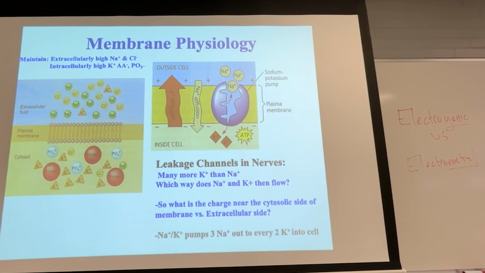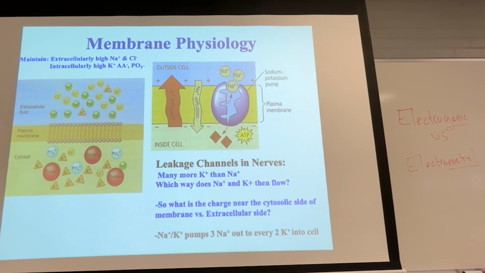So think about this. If the pump shuts down, these are going to continue to leak, and they're going to continue to leak until they reach what? Equilibrium, right? That is, eventually enough sodium flows in and enough potassium leaves that they equalize.